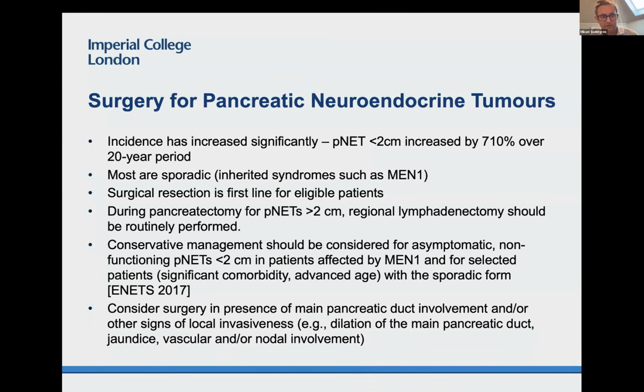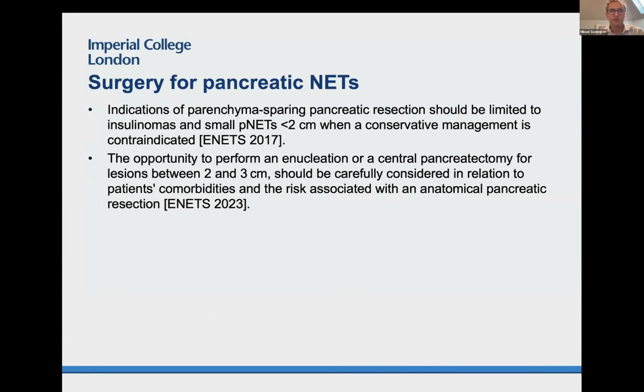What we always consider are the malignant-type phenotypes, and that is when there's main pancreatic duct involvement or other signs of local invasiveness, jaundice, vascular or nodal involvement, etc. So the indications for parenchyma-sparing pancreatic resections should really be limited to insulinomas or very small PNETs when conservative management is contraindicated.